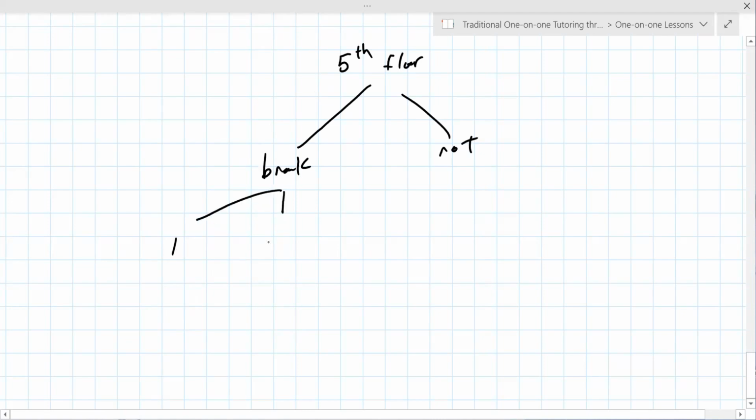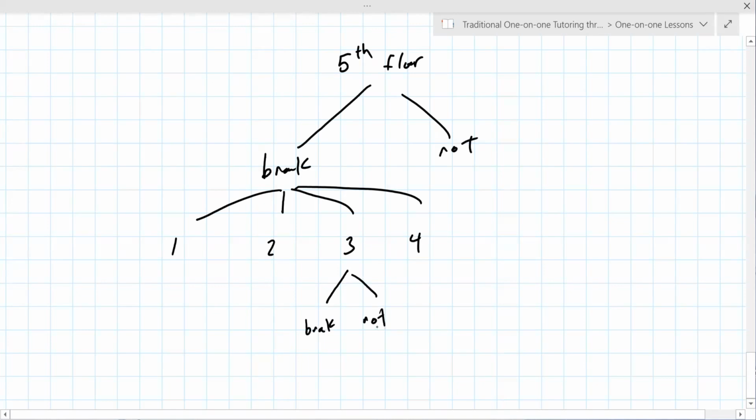Let me go to the fifth floor. Let's assume there's break and not. If it breaks, which floor would you go to? You could go to the first floor, the second floor, the third floor, or the fourth floor. Now, if you test it on the third floor, it could either break or not.